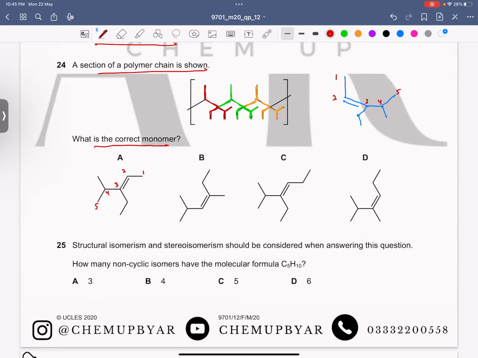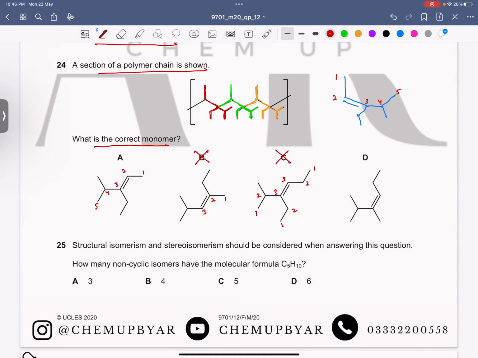If I start from here, 1, 2, 3. See here, the second carbon doesn't have a double bond as well as a branch, so it goes wrong. If I start from here, in either case, from where I would start, the double bond is coming on the third carbon, so its position is completely wrong.